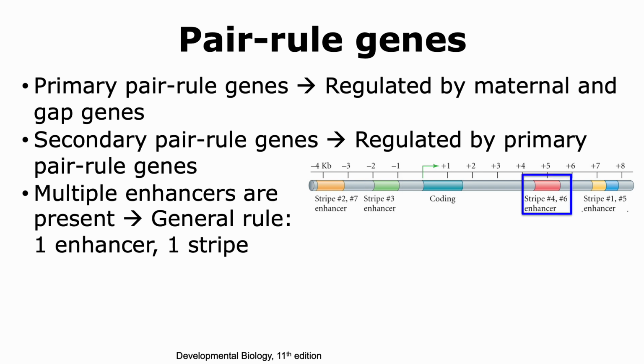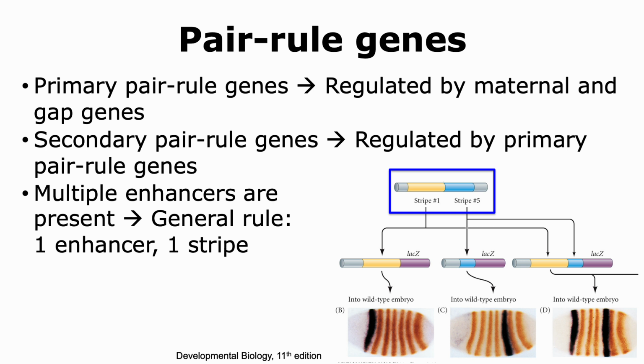The one in the blue box right now controls the expression in stripe number 4 and 6, while for the last one, we can see two stripes: one is for stripe number 1 and the other is for stripe number 5. And thus these multiple enhancers are able to regulate the expression of the pair rule genes in their appropriate stripes.